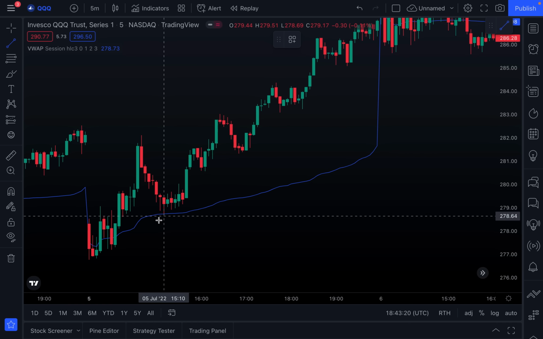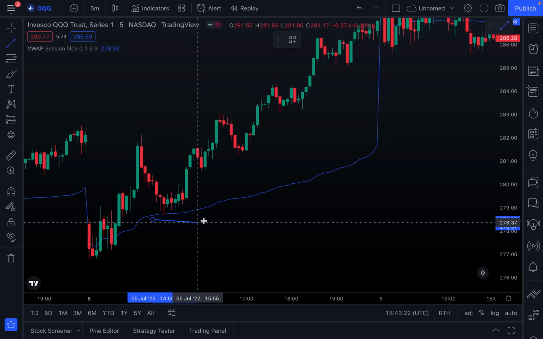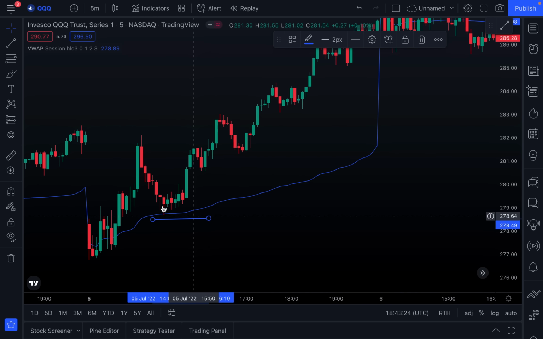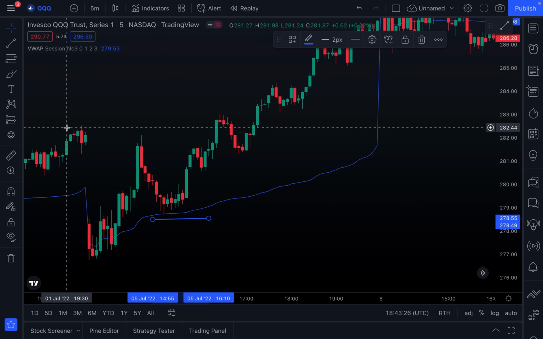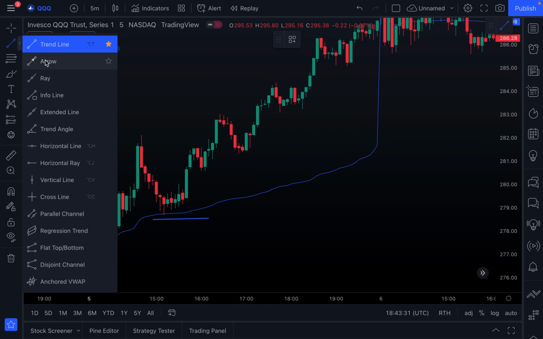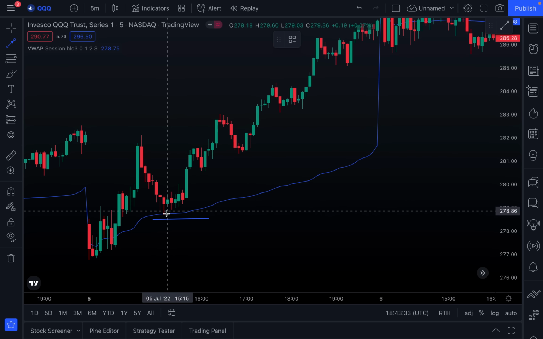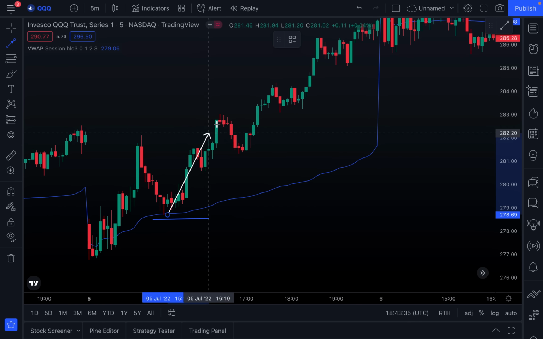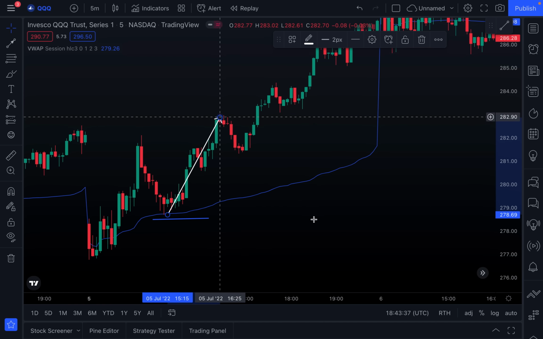So you could have potentially entered here, right, say your stop loss right below, so in case it does break, you don't lose a lot of money. And then, right, what happened here, it did act indeed as an area of support here, right? It bounced off the VWAP, and as you can see, it headed up higher, right? So that would be a potential way to use it.